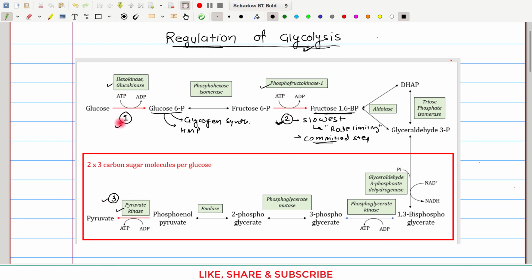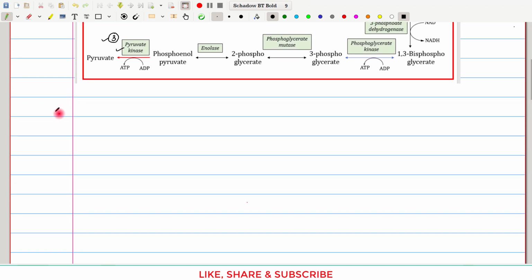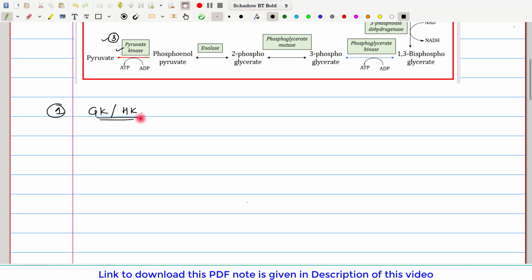We will start with the first irreversible reaction. The first regulatory point for glycolysis lies in glucokinase or hexokinase. What glucokinase or hexokinase does is that glucose is converted to glucose 6-phosphate, right? And this reaction is catalyzed by the hexokinase or glucokinase enzyme.